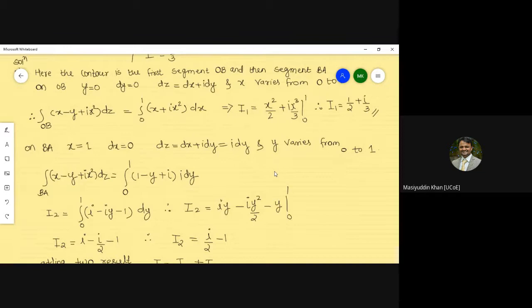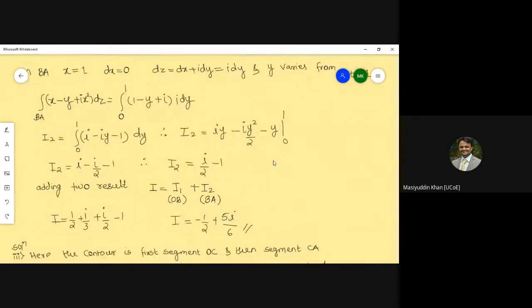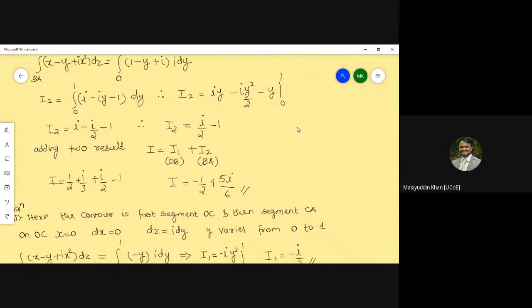In the second and third problems, the segment has two parts, OB and BA, and OC and CA. So we just have to add I1 plus I2, and we get the exact result for the respective segments. The first, second and third problems have the same condition, just vice versa.